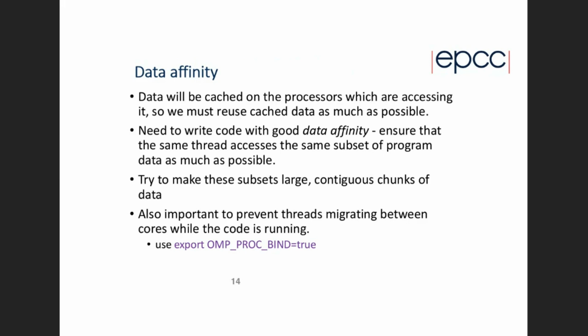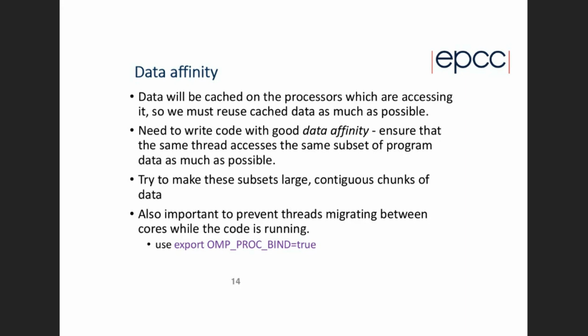Okay, so that leads us to thinking about issues of data affinity. Just the way caches work is that data will be cached on the processors which are accessing it. So we need to reuse cached data as much as possible. This is really an extension of the ideas from sequential optimization.